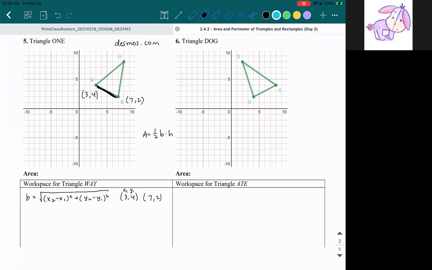X is first, y is second, and then x2, y2 because they are your second point. And let's plug it in. X2 is 7, minus x1 is 3, y2 is 2, minus y1 is 4.